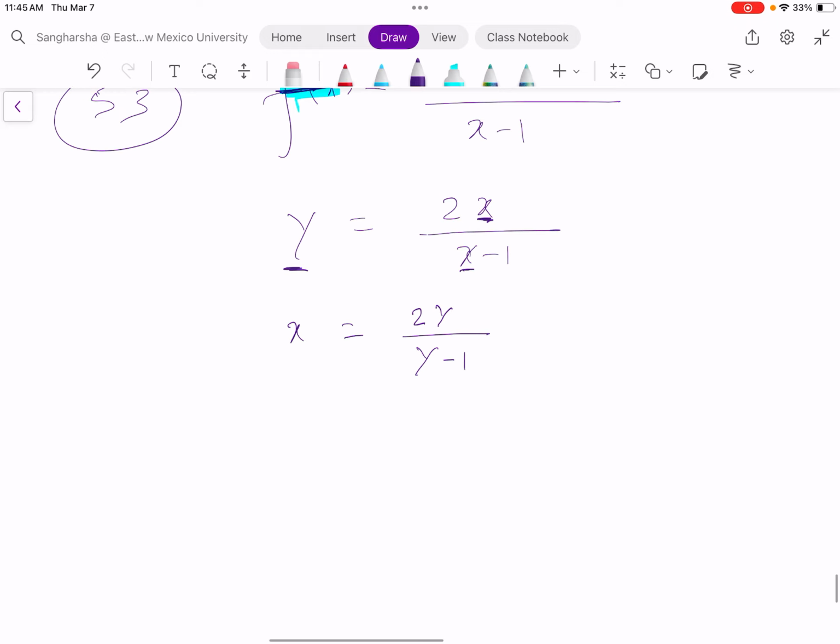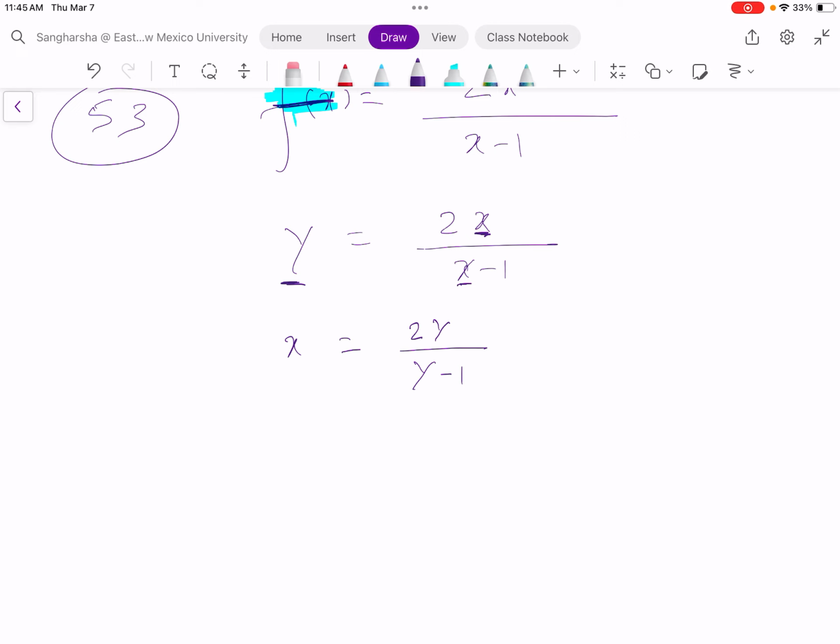The next step is we solve the equation for y. Solving means we have to have y by itself on one side. Now we are trying to solve for y. We do have a denominator here, so y is in the denominator, and we have to get rid of this.